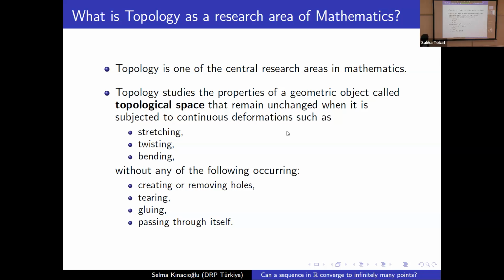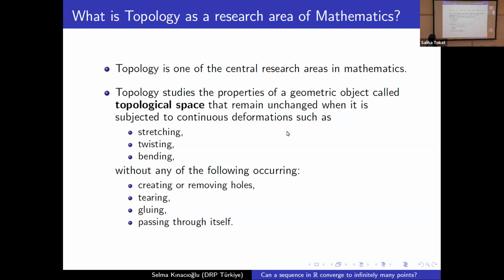As we know, topology is one of the central areas in mathematics. In geometry, we focus on a specific dimension, for example when we study angles or triangles, and every dimension is important for us.